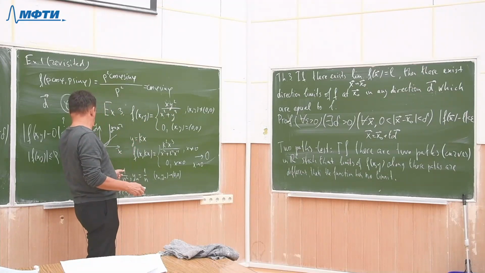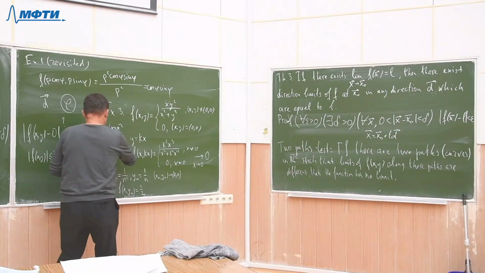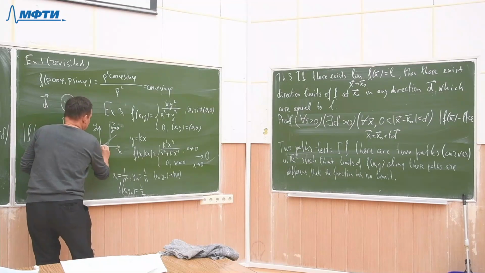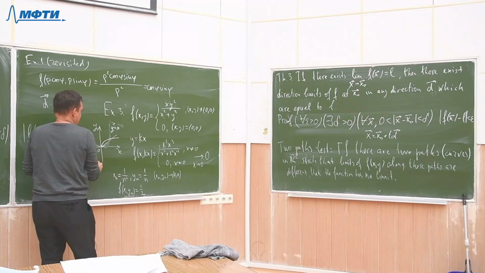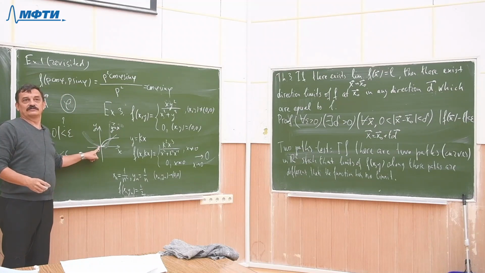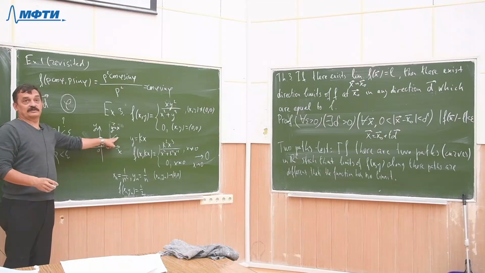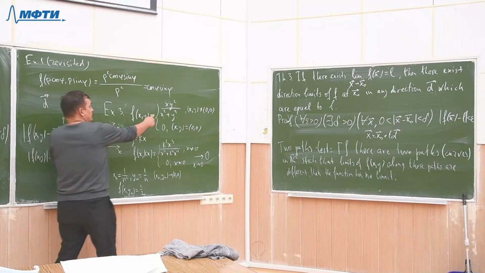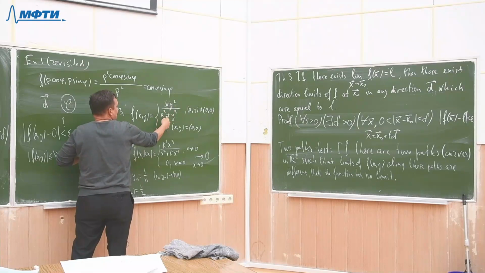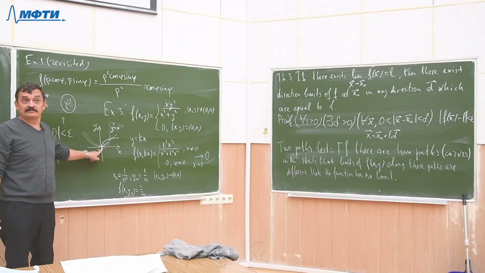No, sorry, it was wrong. y squared equals to x, right? Like that. I'm sorry. x equals to y squared, right? Then what happens? x equals to y squared, y to the fourth, and here 2 times y to the fourth, right? So 1/2.